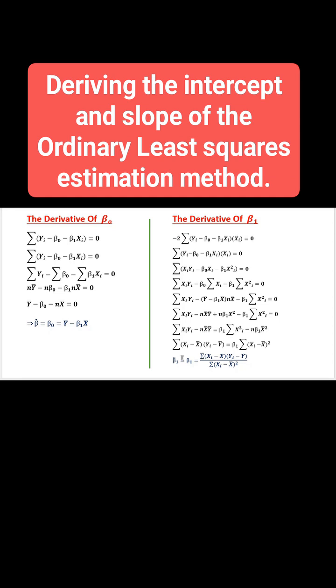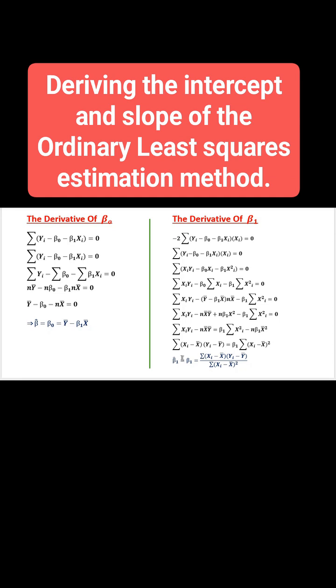and then would be having sigma xi yi minus all into (y bar minus beta 1 x bar) all into n x bar minus beta 1 sigma x squared i, right, which is equal to 0, right?